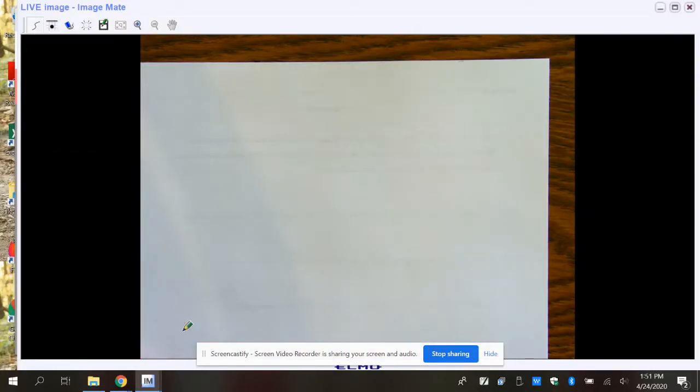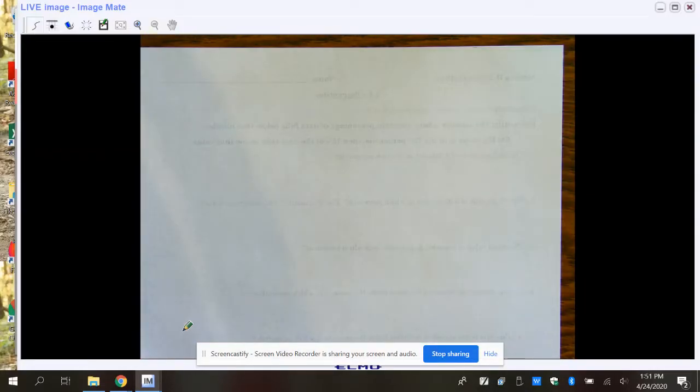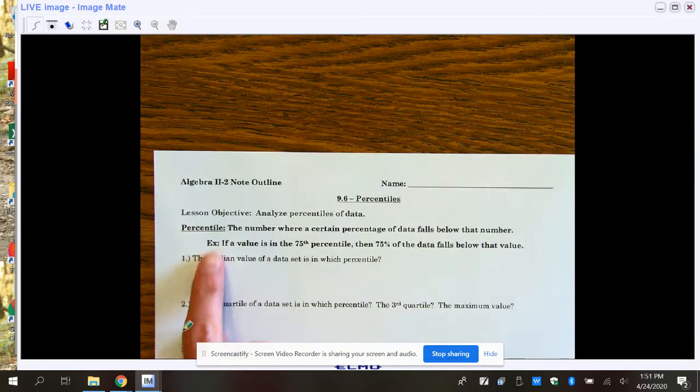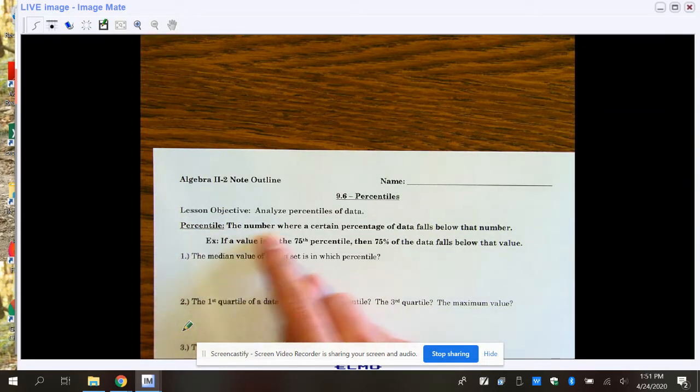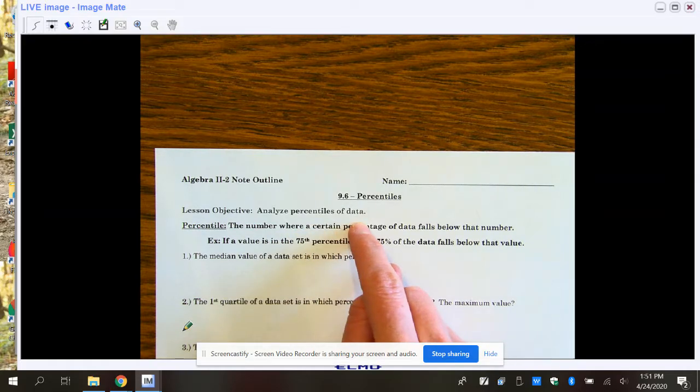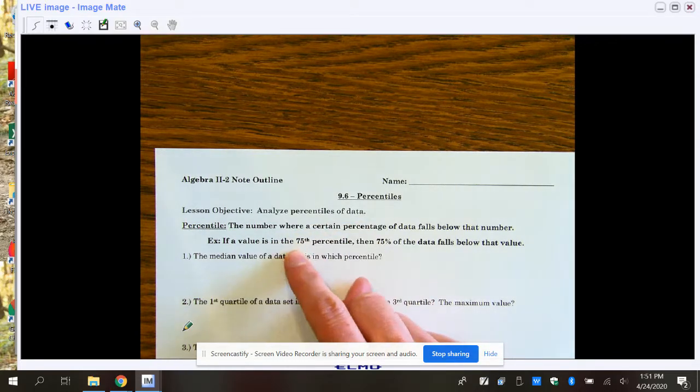All right, so the last lesson in this unit is about something called a percentile. You guys are probably used to hearing that, like maybe when you go to the doctor or when you get test scores back, you'll see, oh, you're in the 75th percentile for this, or the 60th percentile for this, etc. A percentile is the number where a certain percentage falls below that number.